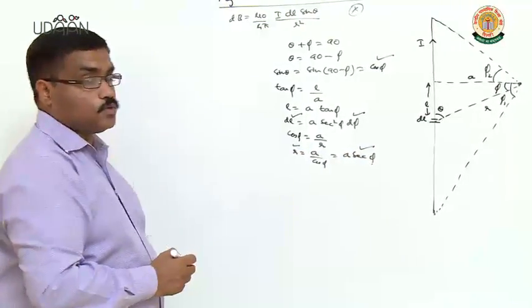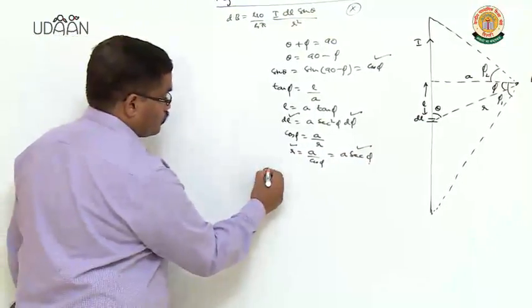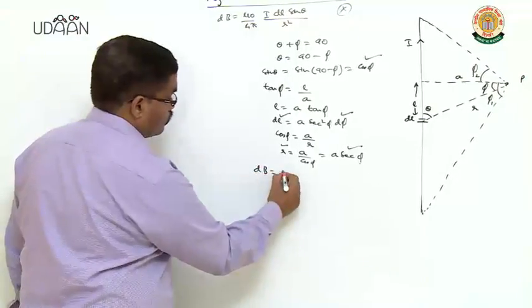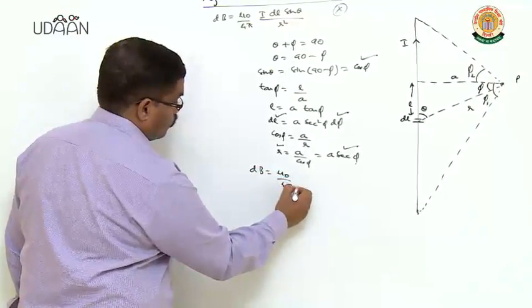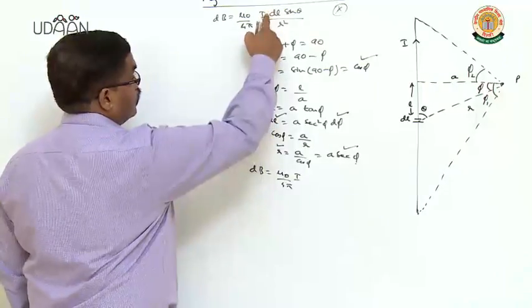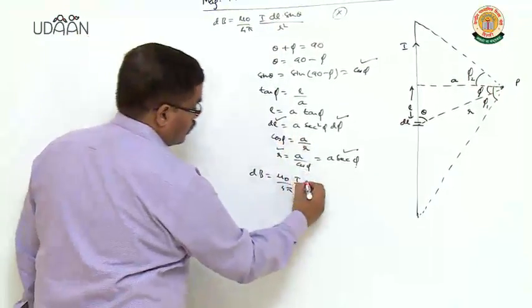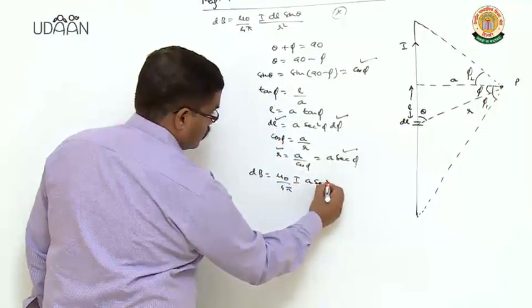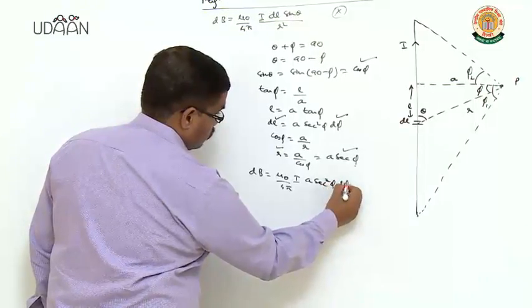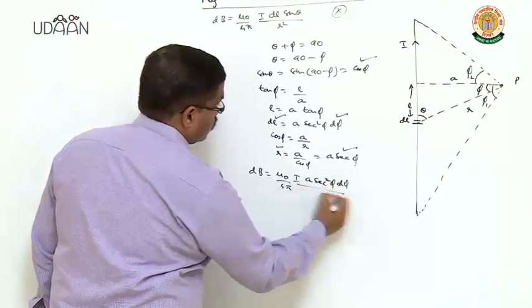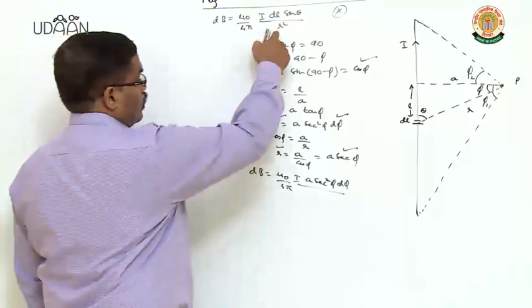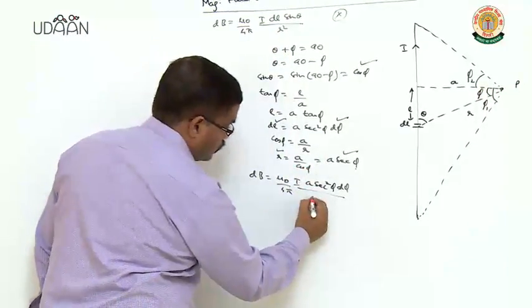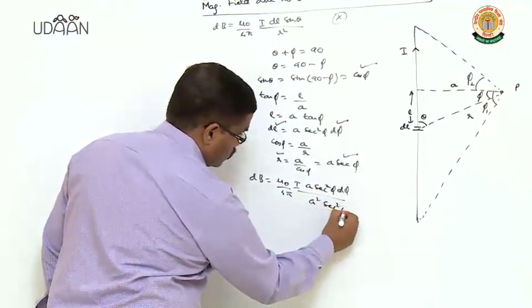So if I substitute this, I will have dB is equal to mu naught upon 4 pi I into dl. So instead of dl, I can write A sec square phi d phi divided by r square. So instead of r square, I can write A square sec square phi.